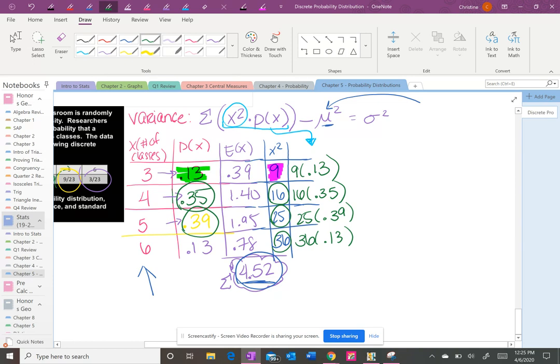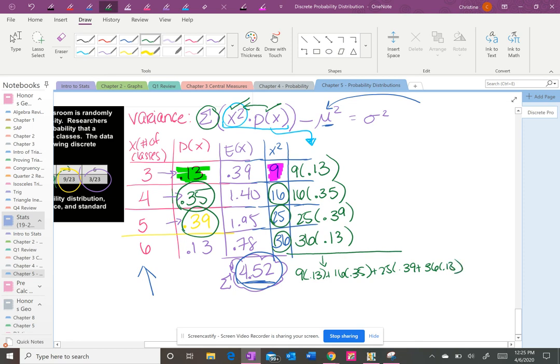And then the formula says, so we squared something, we multiplied the probability times the square, and then the formula says to sum it all up. So I'm going to add up this entire column. And if you do this carefully in the calculator, you can literally just put in the calculator 9 times 0.13 plus 16 times 0.35 plus 25 times 0.39 plus 36 times 0.13.